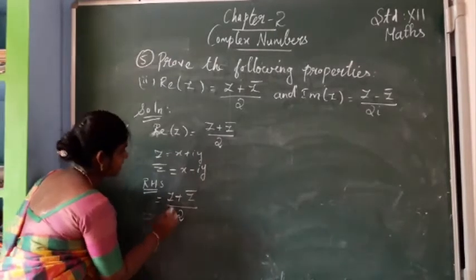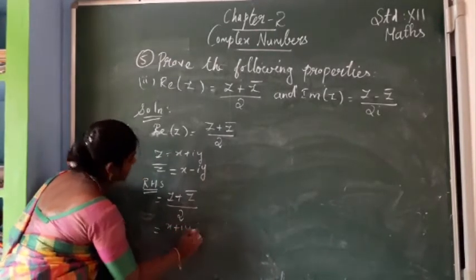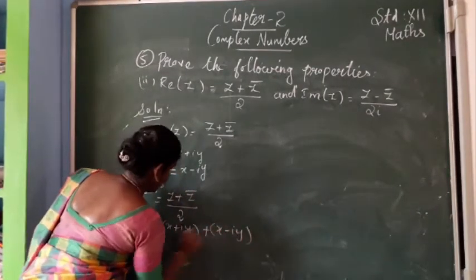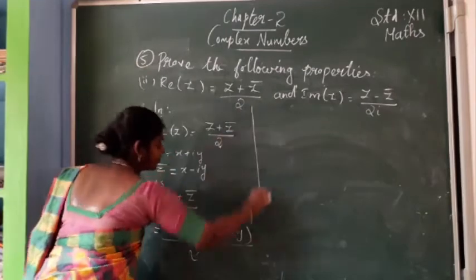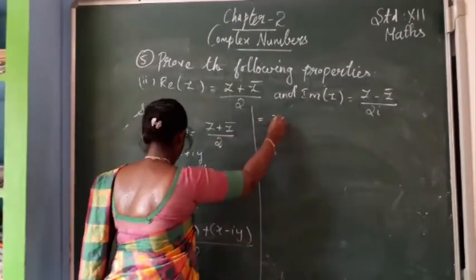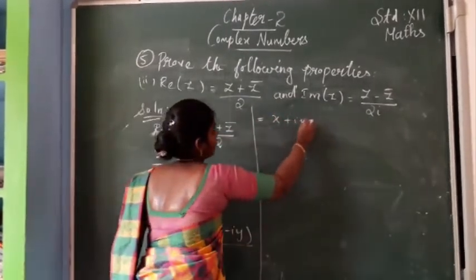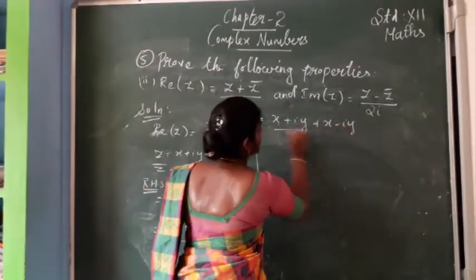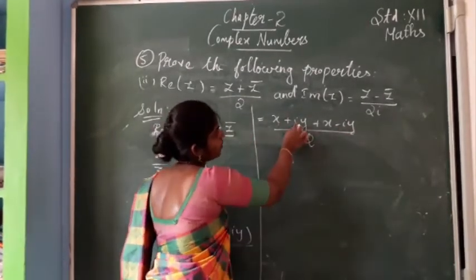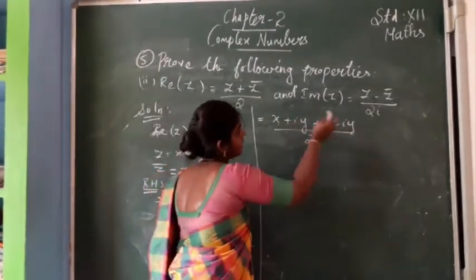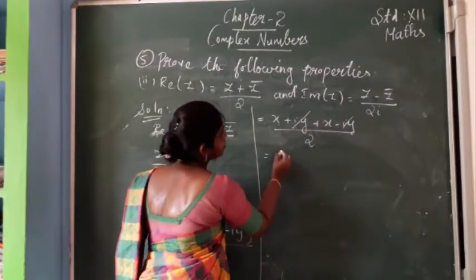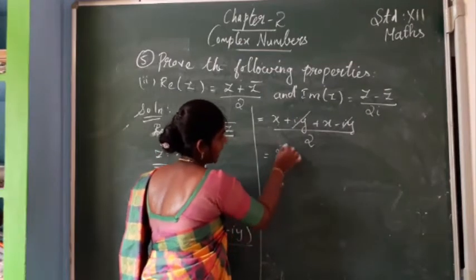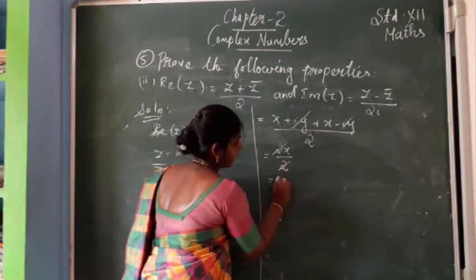That's equal to z value x plus iy plus z bar value x minus iy, divided by 2. So iy plus iy cancel, and x plus x, the value is 2x divided by 2. Cancel this 2, 2. You will get x.